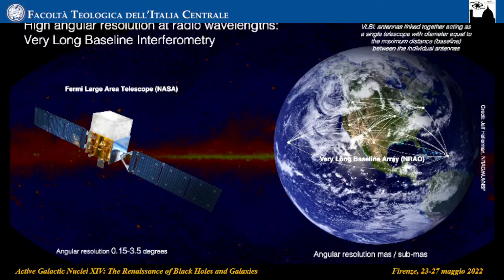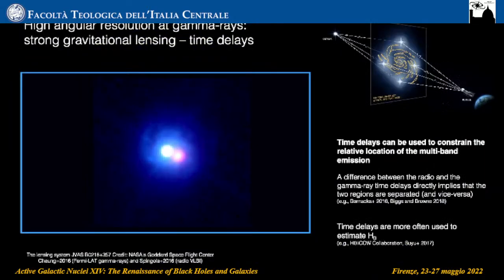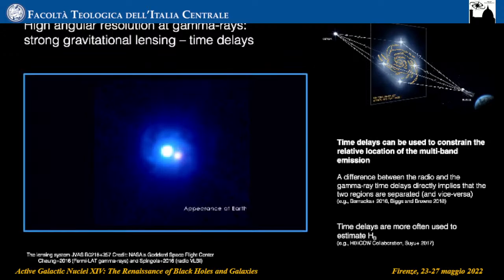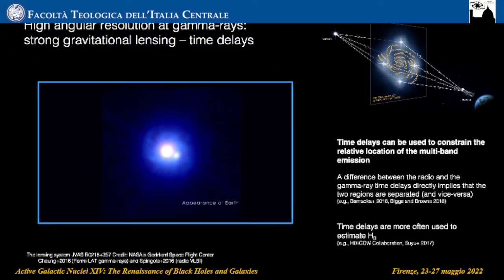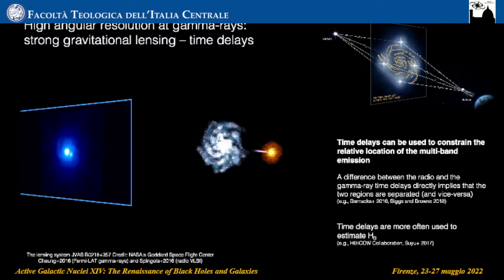However, at the gamma rays, we are not that lucky, and the angular resolution of the Fermi-LAT is only of a few degrees. But the Fermi Large Area Telescope has a very high time resolution, so we can take advantage of that and boost the spatial resolution by using strong gravitational lensing, and in particular, one of its most striking and primary manifestations, which are time delays.